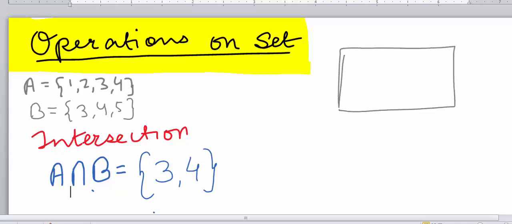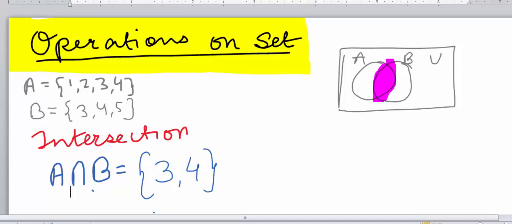We have a universal set U, a set A, and a set B. So this portion, the common portion, is A intersection B. Okay.